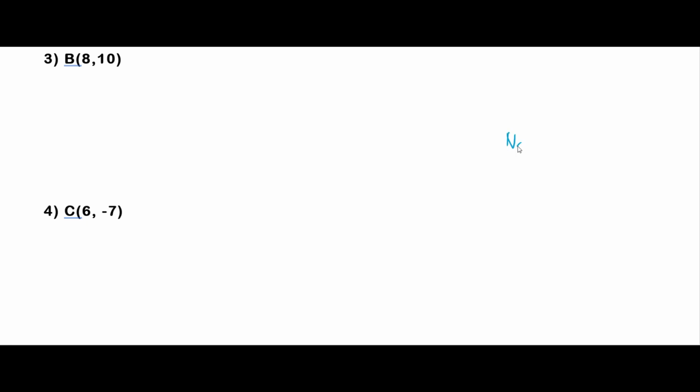Make a note that the distance cannot be negative. So if you get a negative coordinate, take it as positive only when you are finding out the distance from the x-axis and from the y-axis.